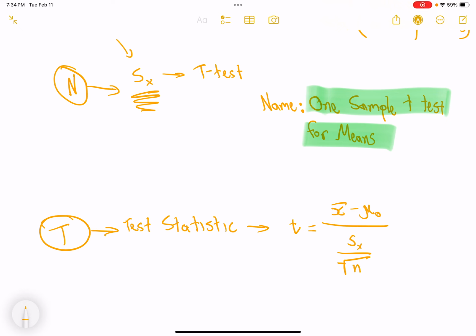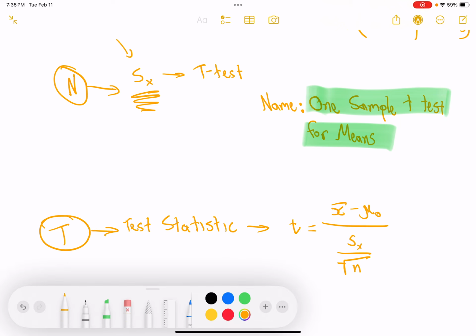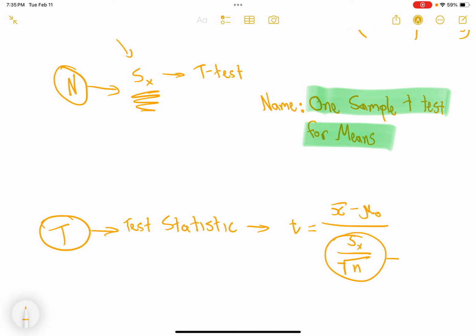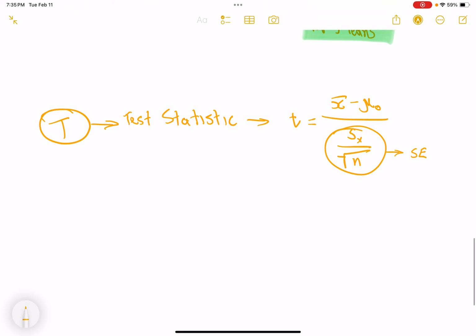It's going to be the standard deviation for the sample over the square root of n. Mind you, this down here is just the standard error. You calculate that first, then you divide it into the difference between x bar and the null mean.